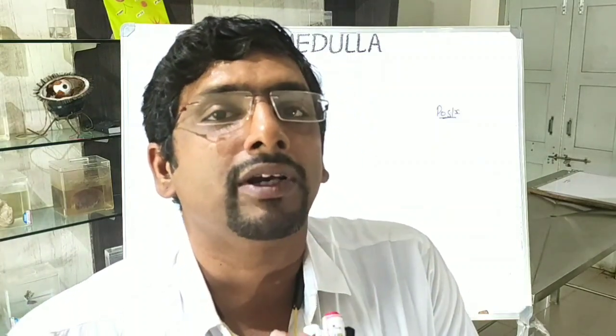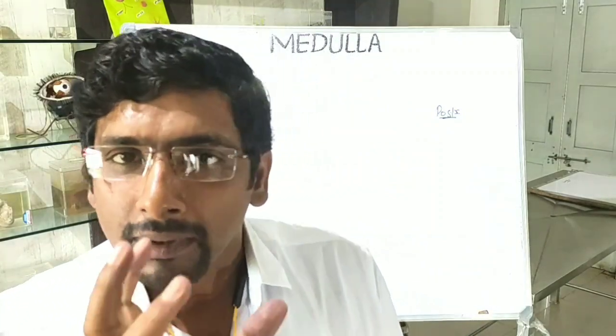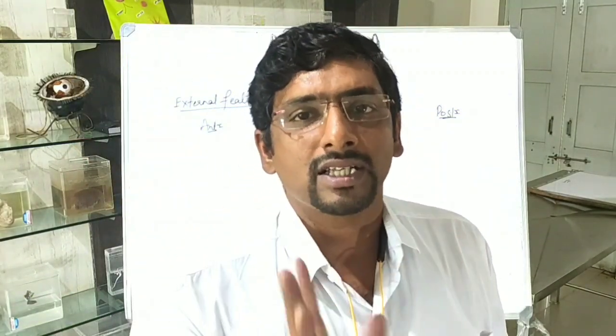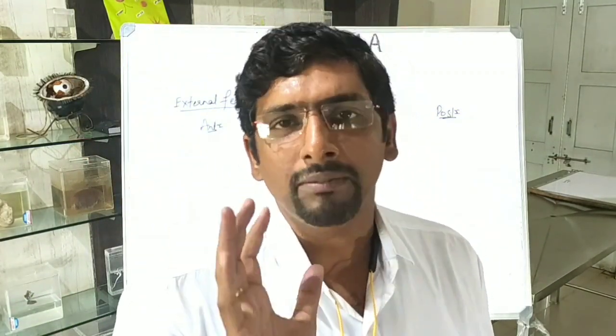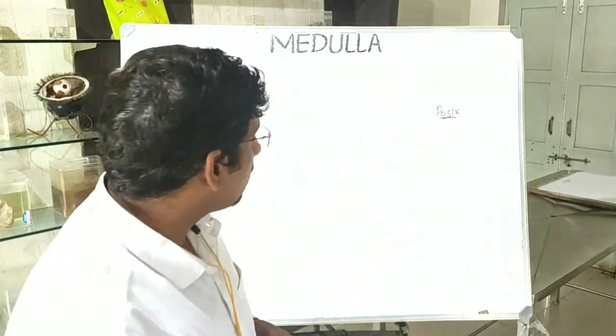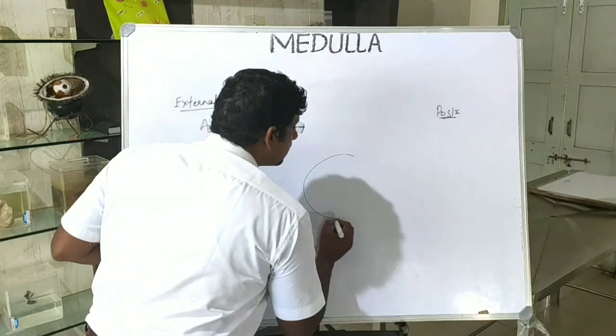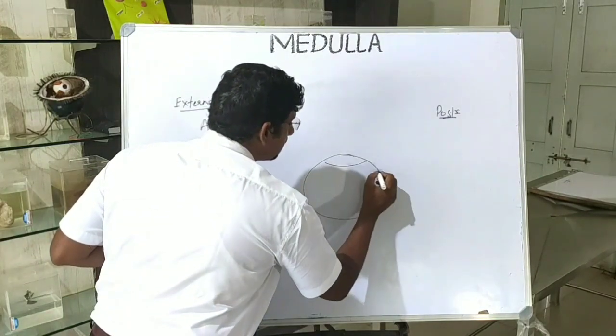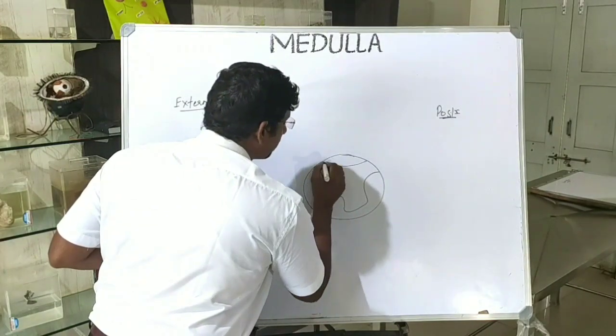Already we know that the spinal cord has central grey and peripheral white matter.